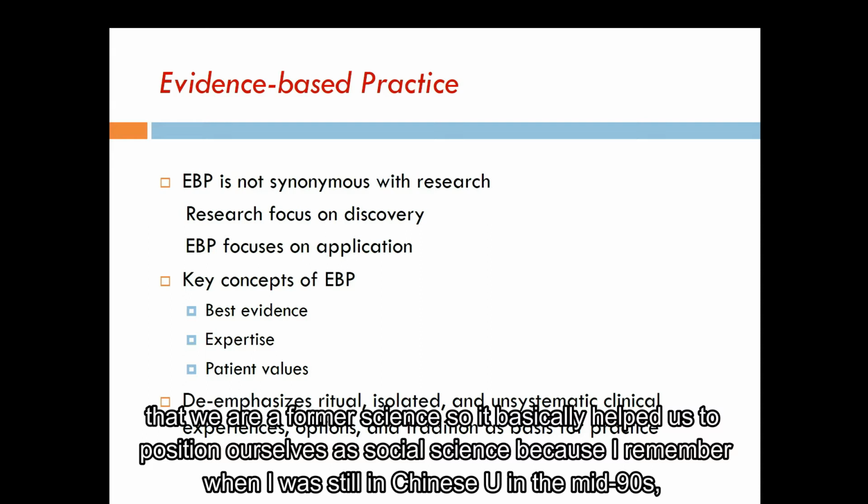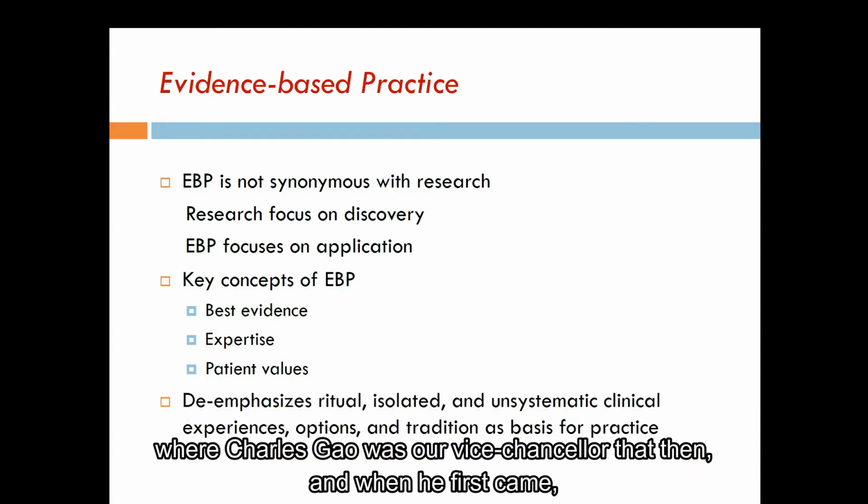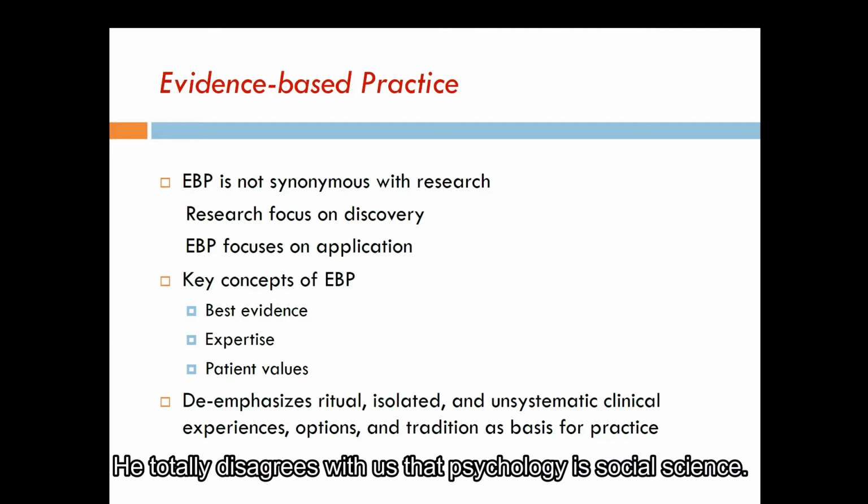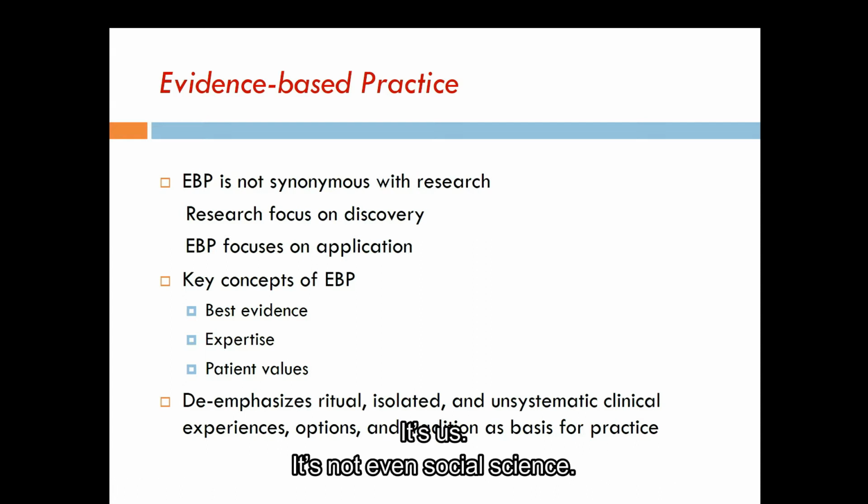Because if I remember, when I was still at HKSYU in the mid-90s, Charles Gao was our vice chancellor back then. When he first came, in the first 2 years, he visited every department, and he came to psychology. With all due respect to him, he totally disagreed that psychology is a social science. He said it's arts, not even social science.